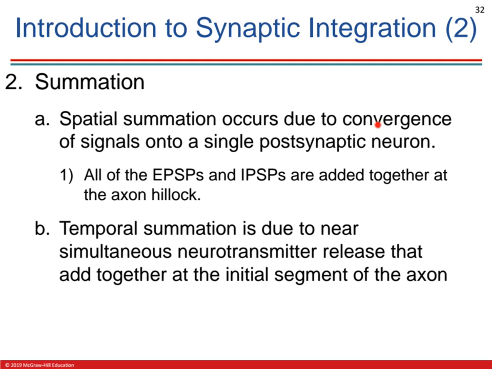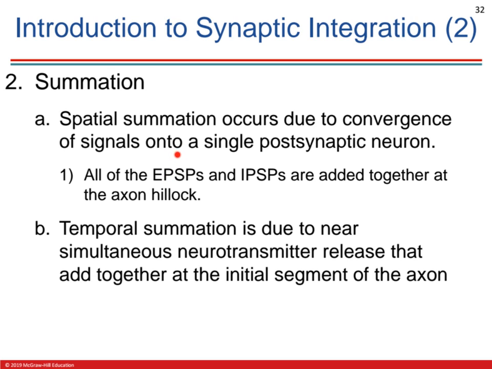This occurs when you have the convergence. So you have signals from different neurons coming on to a single postsynaptic neuron. Some of these might be excitatory, some might be inhibitory. And so they're all going to have a local effect of depolarizing the dendrite that they contact, for example.